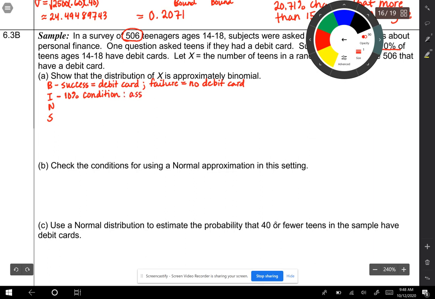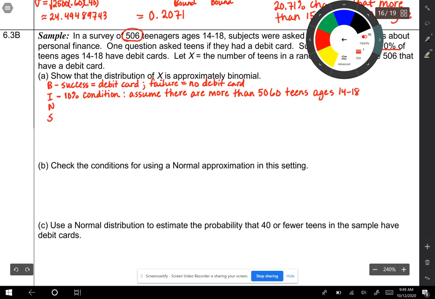So we will assume, always state it like that, assume that there are more than, take your sample size, which is 506, and multiply by 10. So there are more than 5,060 teens ages 14 through 18, and that is a valid assumption.